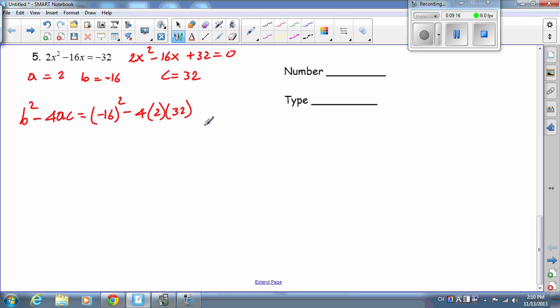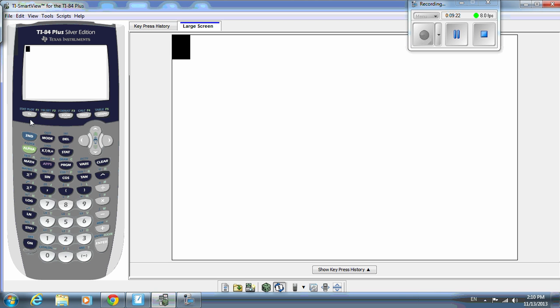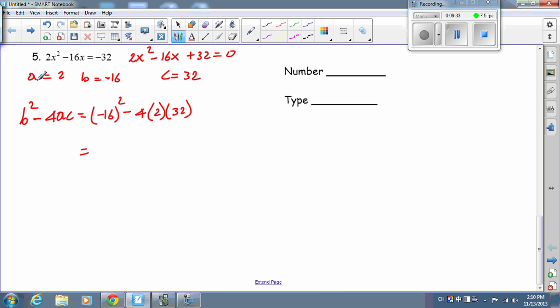Well, I don't know how to do this by hand, so I can do it on my calculator. So I will bring the calculator out, and I will type exactly what I had there. Well, my a is, let's go back on that. A was 2, or was I wrong? A is 2, so I was supposed to write 2 here.